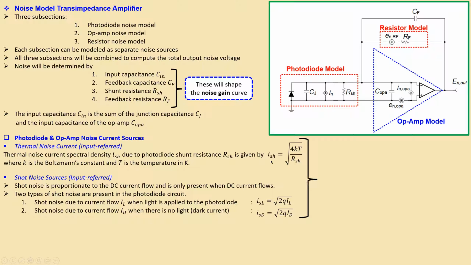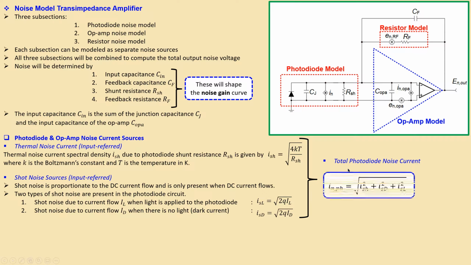Now if you combine these three noise current sources, two shot noise and one terminal noise, that will give you the total photodiode noise current, which is again added together using root sum of squares. So you square each element, add them up, and then take the square root of the sum.